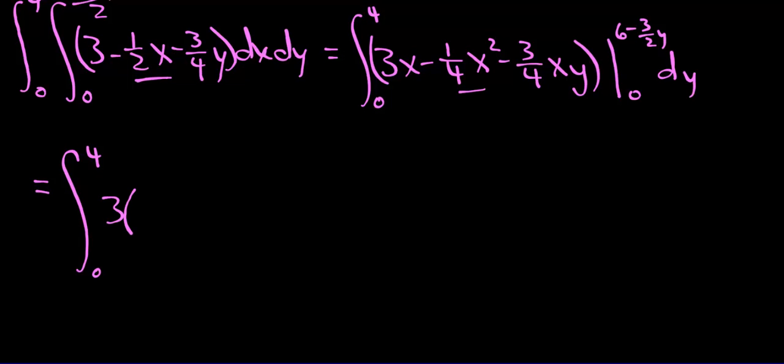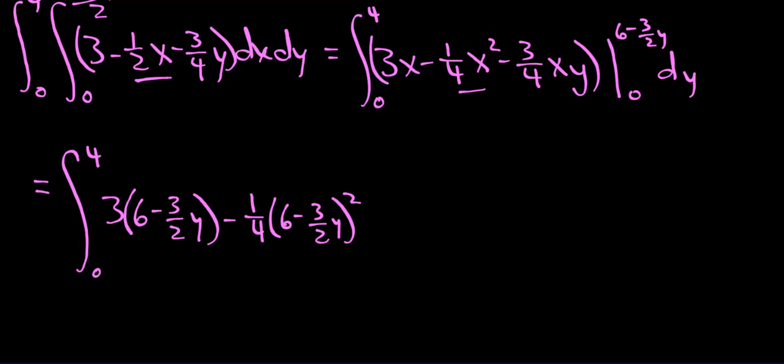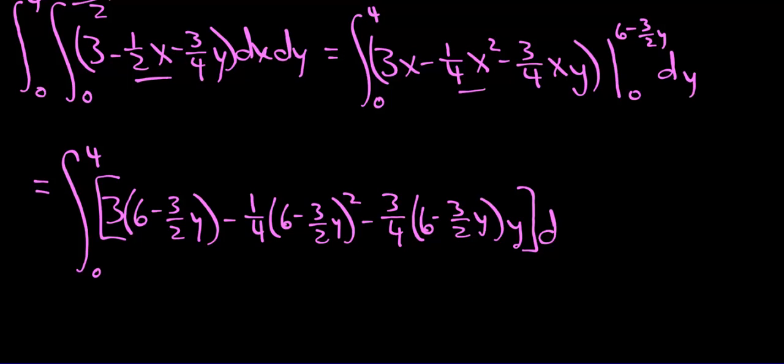But here we go. 3 times (6 minus 3 halves y), minus 1/4 (6 minus 3 halves y) squared, minus 3/4 (6 minus 3 halves y) times y dy. Now, fortunately, we don't have to plug in the 0, because that would just be 0.